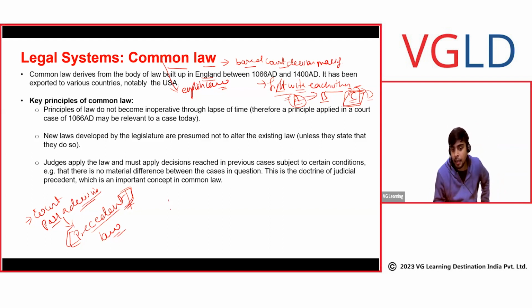Here, please understand, A and B are both fighting cases, and the court is listening to them. What the court does here would define whether it's a common law or a civil law.